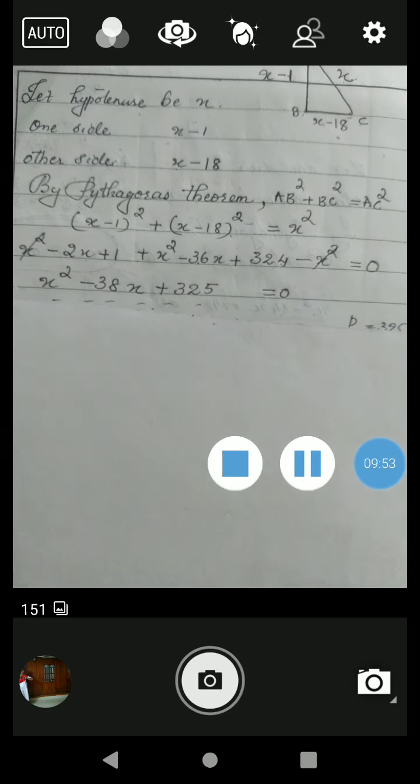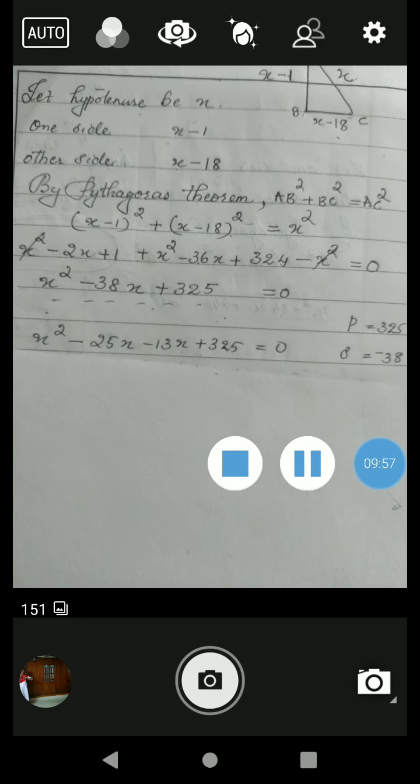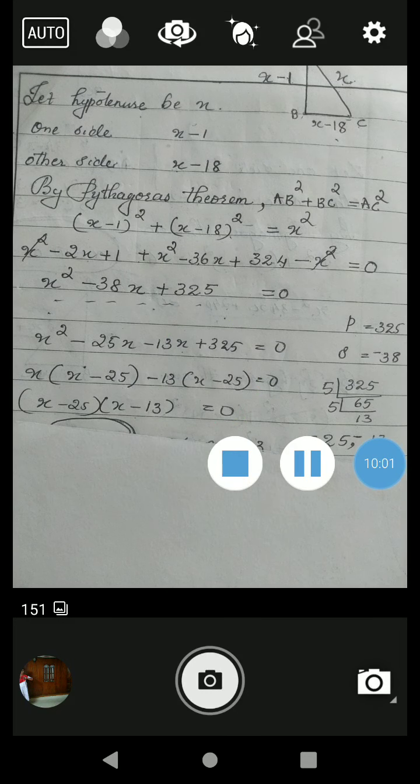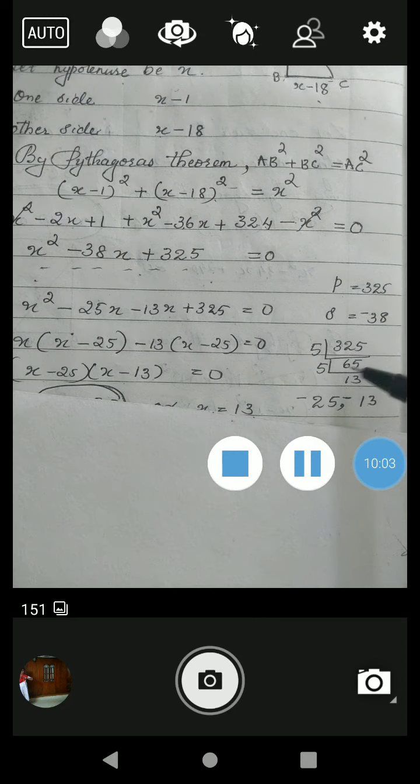We can use the product and sum method. Product is 325 and the sum is minus 38. By the factorization method, prime factor method, we can find two values. Trial and error method we can use. You can see minus 25 and minus 13. Sum is minus 38 and product is 325.